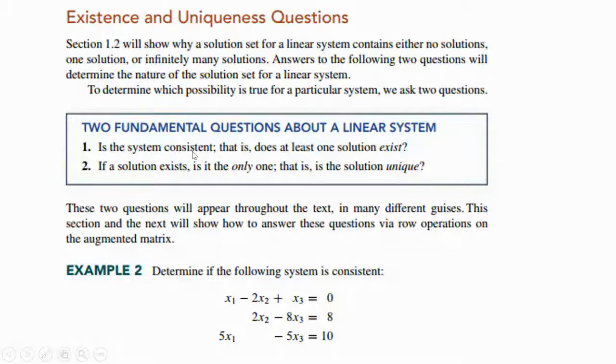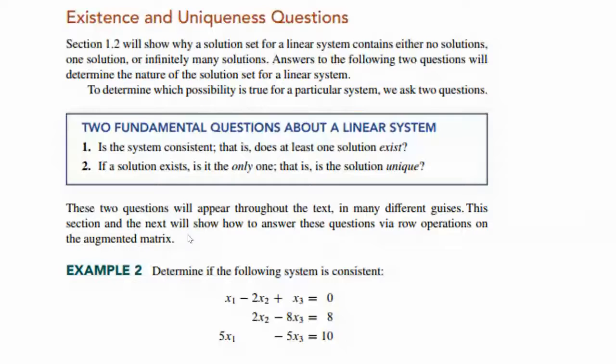Is the system consistent? Again, consistent means it has at least one solution, perhaps infinitely many. And the other question is, if a solution does exist, is it the only one? Saying the only one is another way to say, is it unique? These two questions will appear repeatedly throughout our course in different representations.